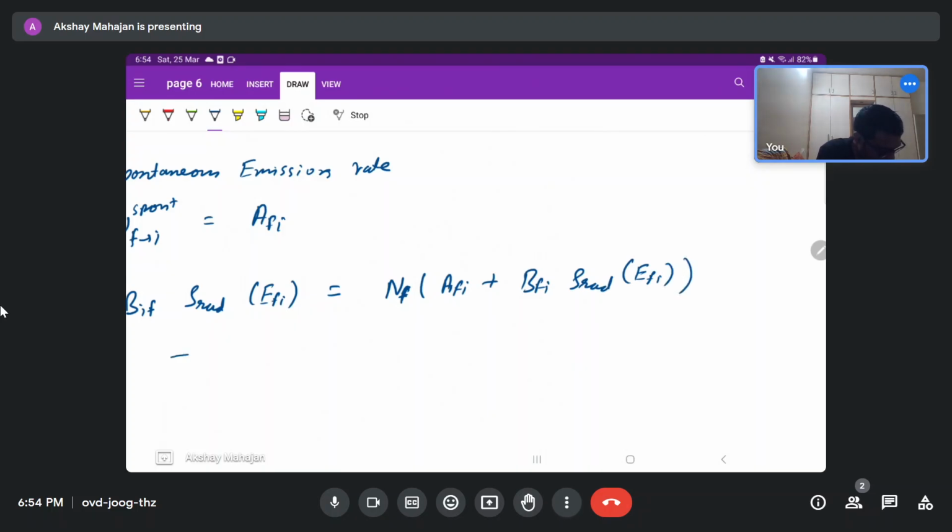And then we know that NF upon Ni gives e to the power minus E_Fi by kBT, which is the Boltzmann distribution.